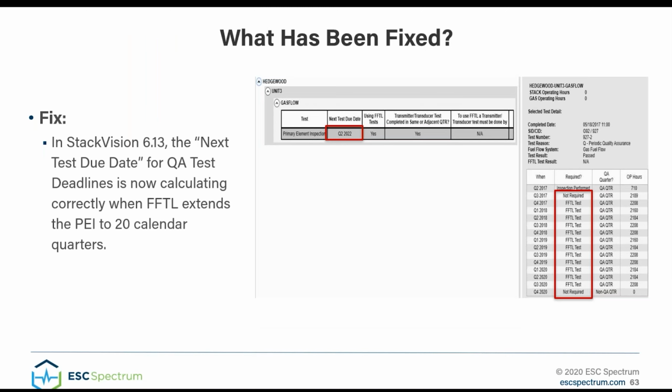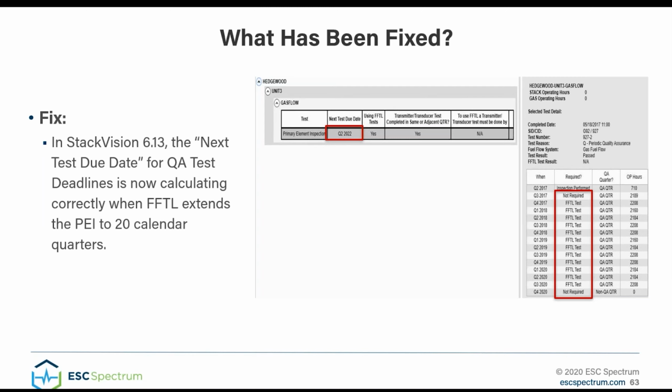So in StackVision 6.13, the next test due date for QA test deadlines is now calculating correctly when fuel flow to load extends the PEI to 20 calendar quarters.